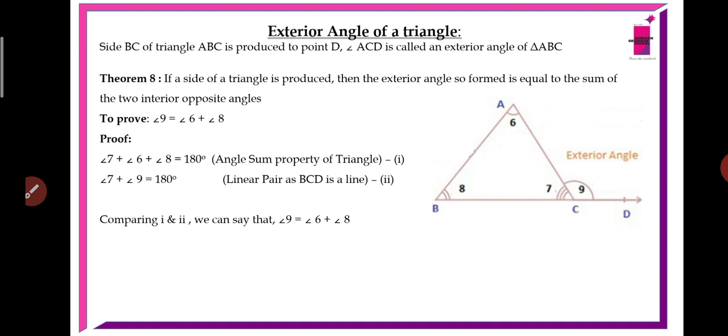Just now we have proved that the sum of the interior angles of a triangle is 180 degrees. From that property, we have angle 7 plus angle 6 plus angle 8 equal to 180 degrees.